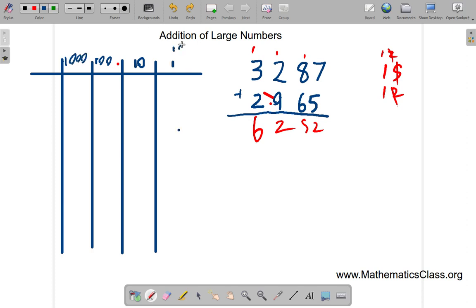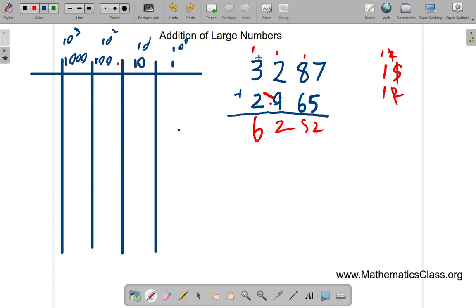You can call this 10 to the 0, 10 to the power of 1, 10 to the power of 2, 10 to the power of 3. And when we look at powers and indices, we're going to meet up again and write things like 1,000 as 10 to the 3.